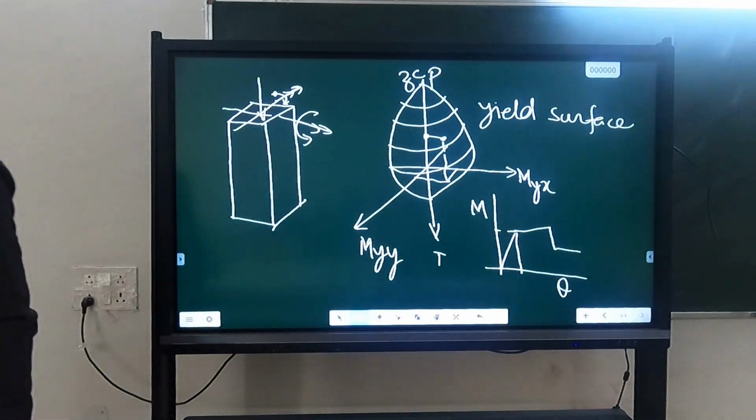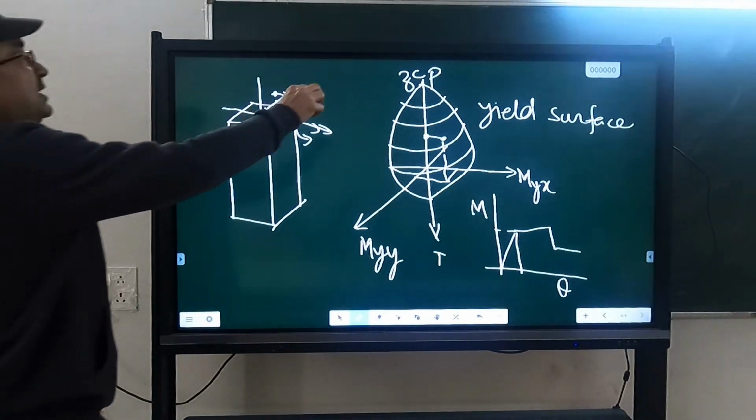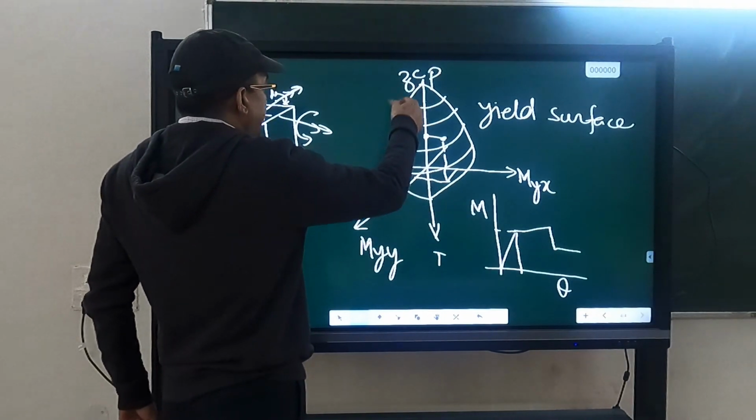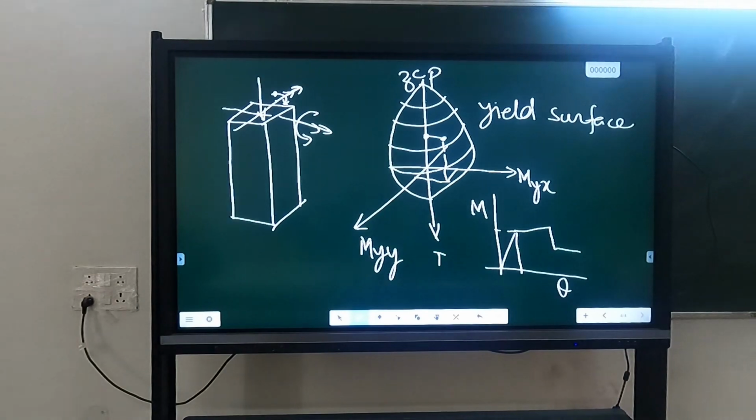In your case, the column is square. So column is square means that this PM interaction curve and this PM interaction curve will be same. How to connect them in between? Intermediate points. When you are doing numerically, you can calculate. You look at the section design. You have been taught in hands-on. You can generate this PM interaction curve at any angle.